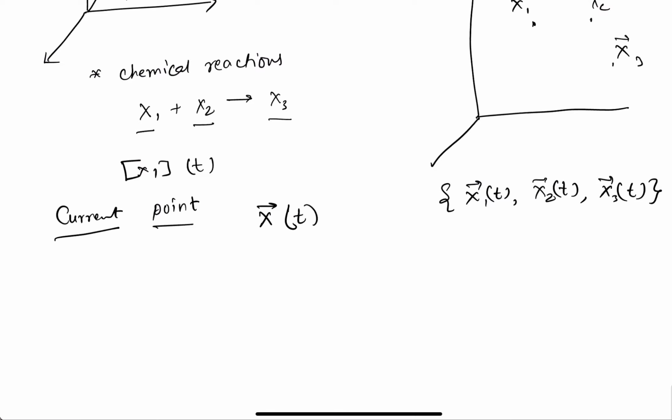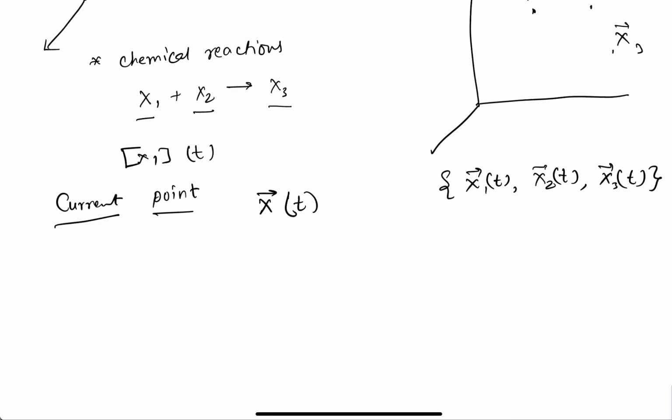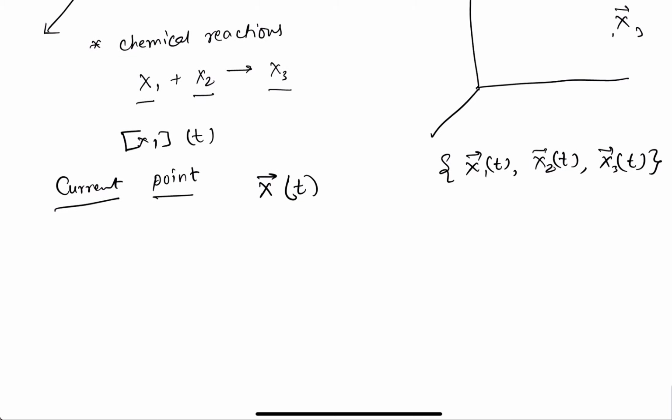Only once you specify all three of them, x1, x2, and x3, have you completely specified the system. So we want to describe the whole system through this set of x1, x2, and x3. This is how you decide the current position of the system.